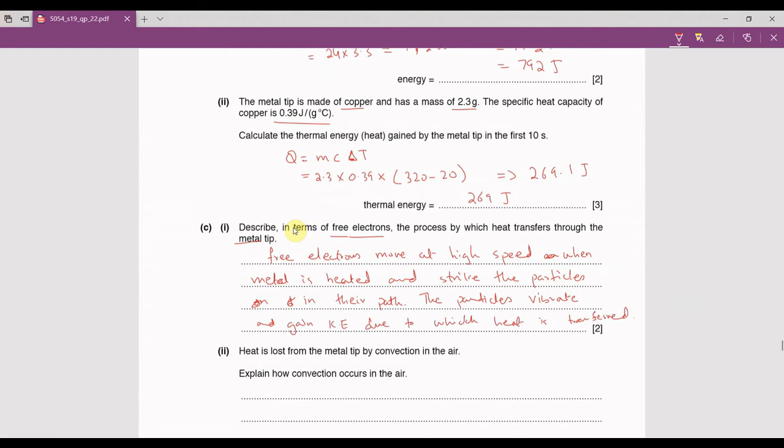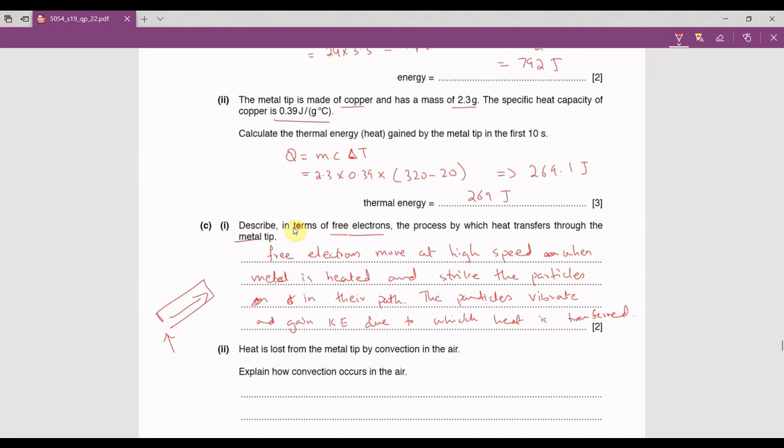So you heat one end of the metal, you apply the heat here, and the energy is going to go from this point to that point because of free electrons.